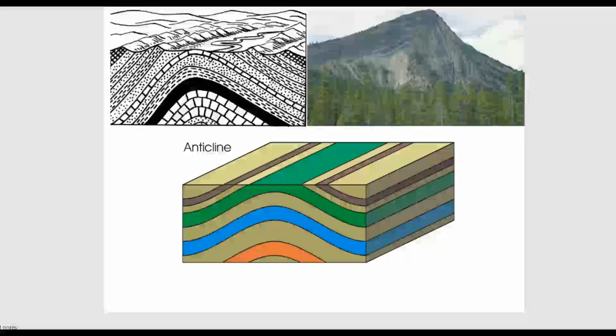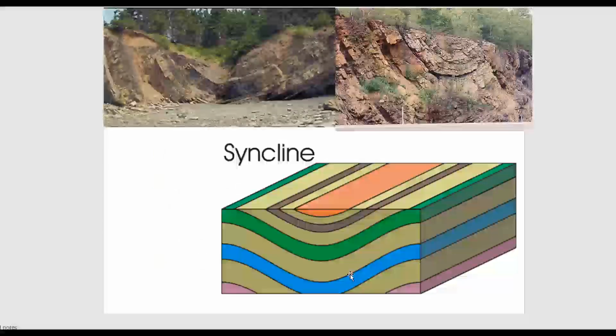And we can just switch over quickly to look at a syncline for a second. So here's a block diagram of a non-plunging syncline. Again, we have horizontal rock layers in this two-dimensional cross-section vertically down, cut parallel to the fold axis, and we see our characteristic gutter or trough-like down-warping of the rock layers in this cross-section cut perpendicular to the fold axis.